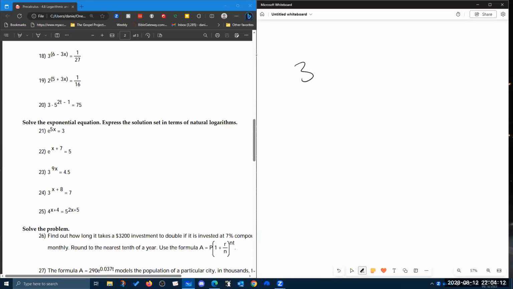3 to the x plus 8 is equal to 7. Because our bases are not the same here and I can't get them to be the same, I'm going to use natural logs on both sides to bring the exponent down.